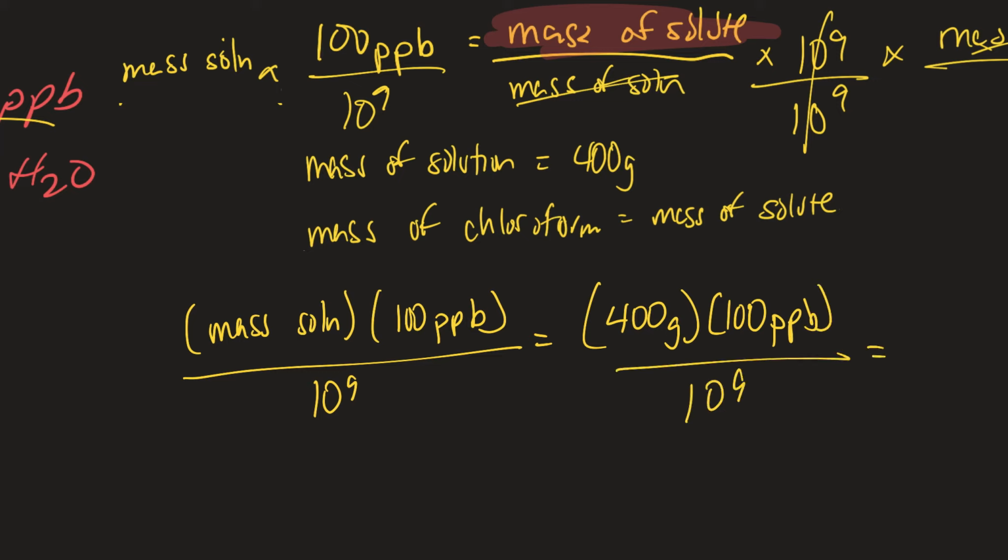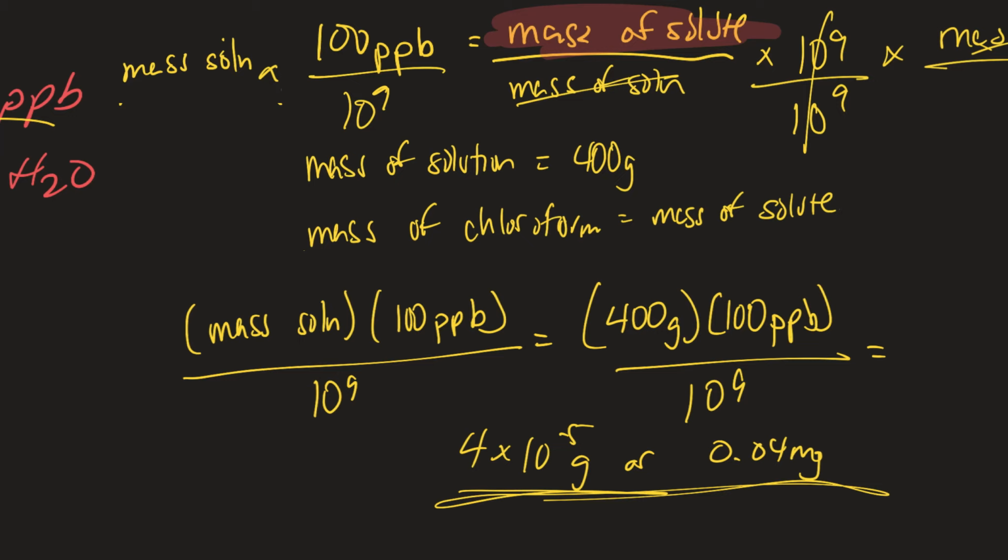That's how we figure this out. So we multiply and divide in the calculator, and you get your answer to be about 4 times 10 to the negative fifth grams, or 0.04 milligrams. Either way, it works.